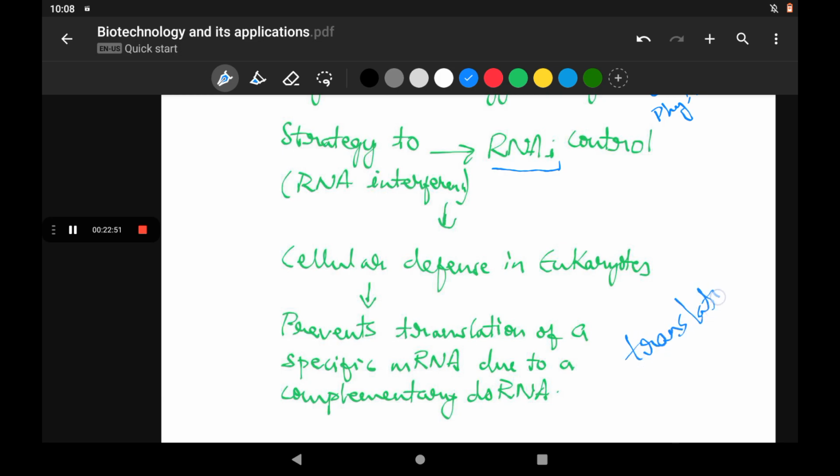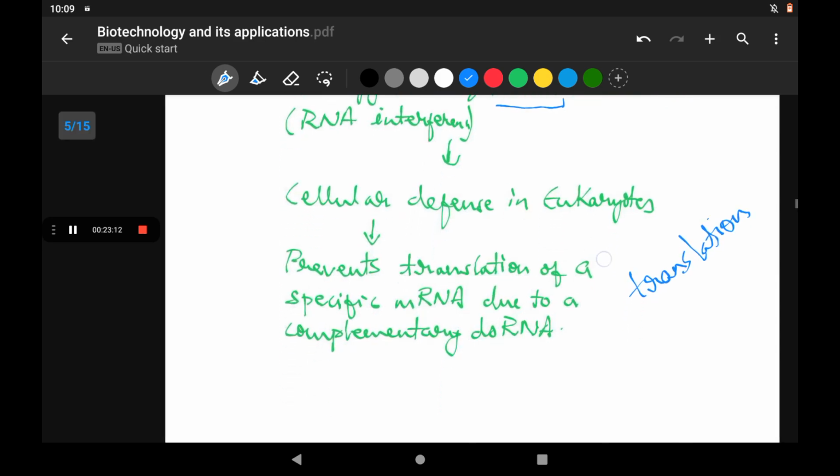And some of them are very crucial proteins which are required for the survival of nematodes. So when these crucial mRNAs are destroyed due to the presence of this double-stranded RNA, it is going to be lethal for the nematode and the nematodes are killed. This is what we follow as the RNA interference strategy.